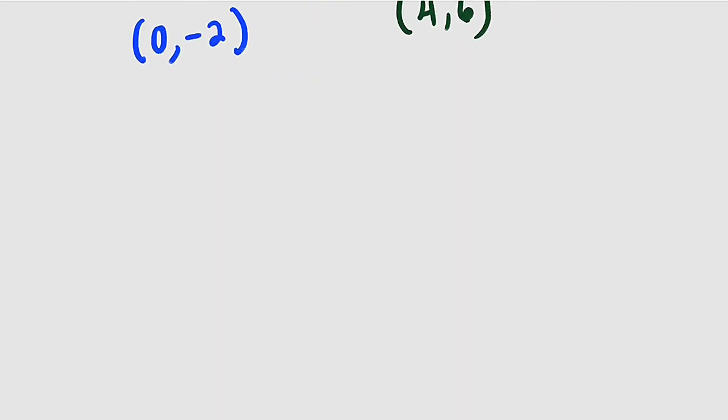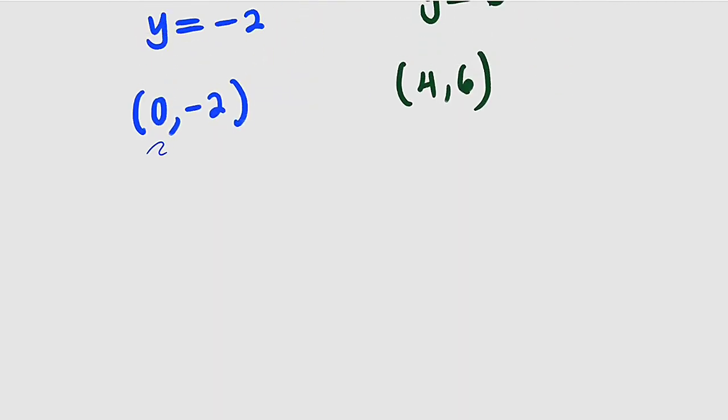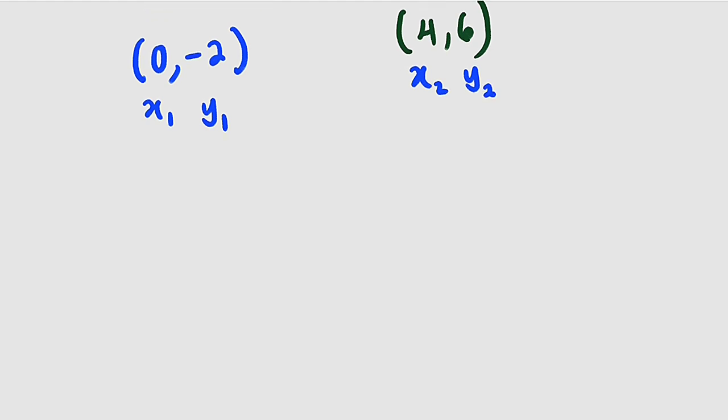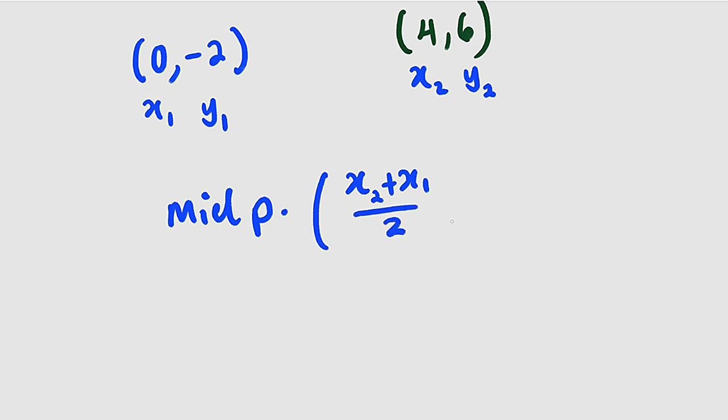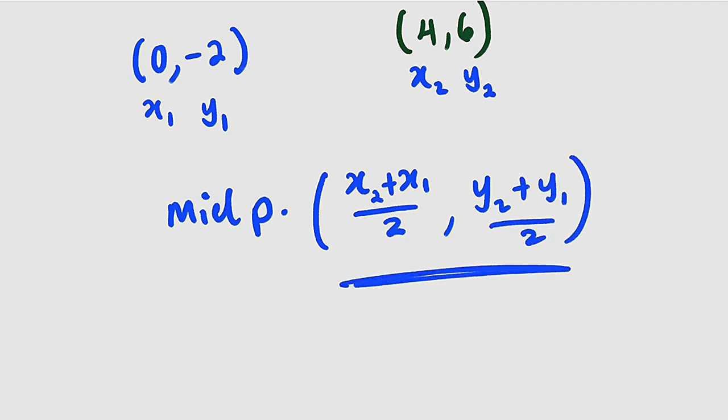So now let us compute it down here. If we consider this one as x1, this is y1, and we consider this one as x2, this is y2. To find the midpoint, we need to take the coordinates x2 plus x1 divided by 2. Then for y, we take y2 plus y1 divided by 2. This is the coordinate we are looking for.